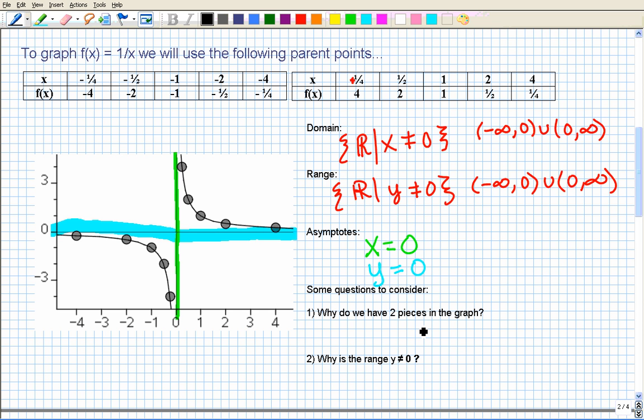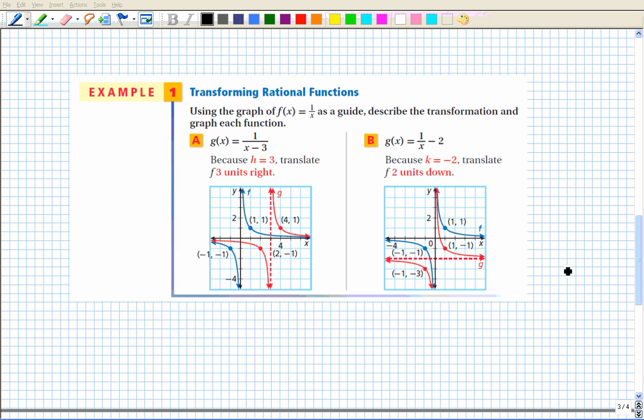If x is positive, then 1 over x is positive, like we saw up here. If x was positive, then f of x is positive. And if x is negative, 1 over x is negative. But we are never equal to 0, which is why we have the horizontal asymptote y equal to 0. You may want to rewind that and listen to that again if you need to, but let's keep going from here.